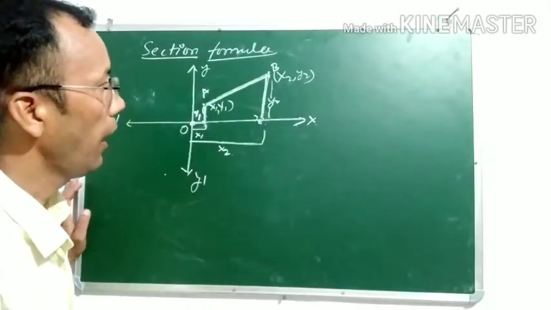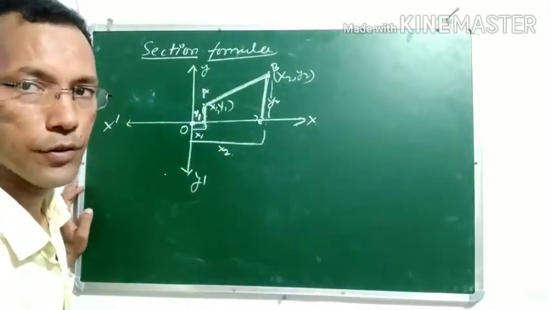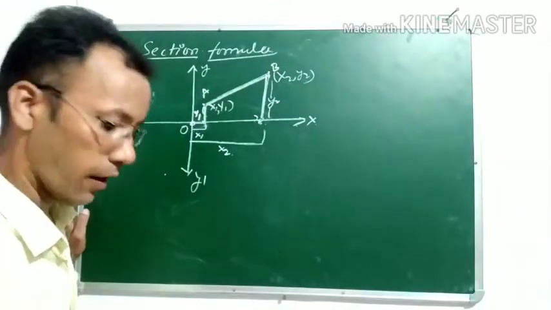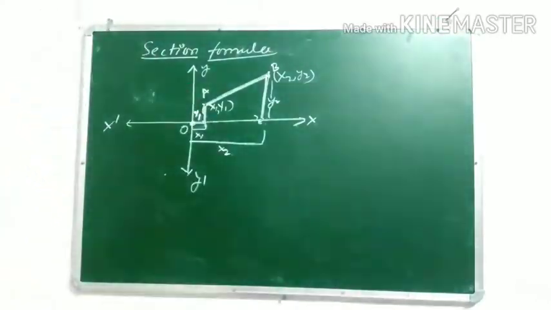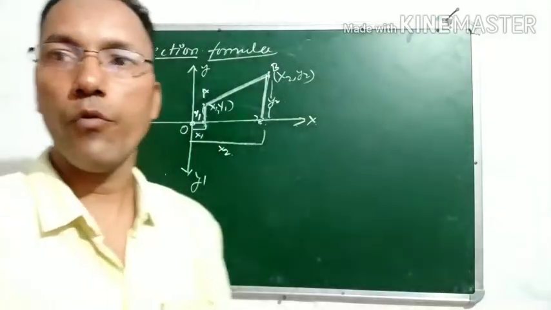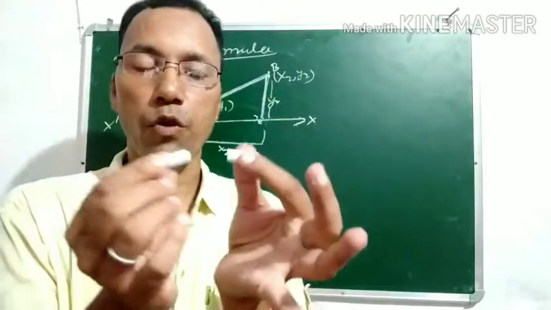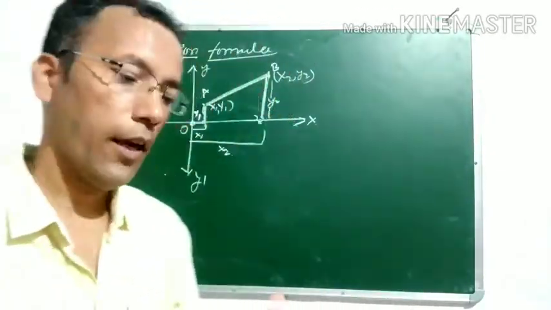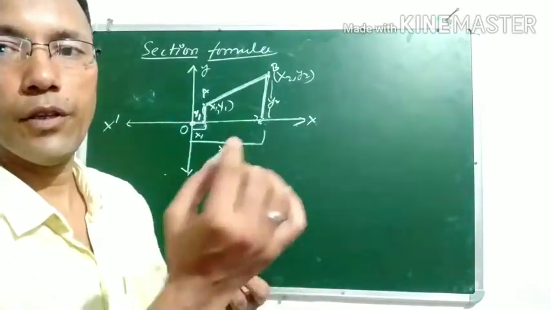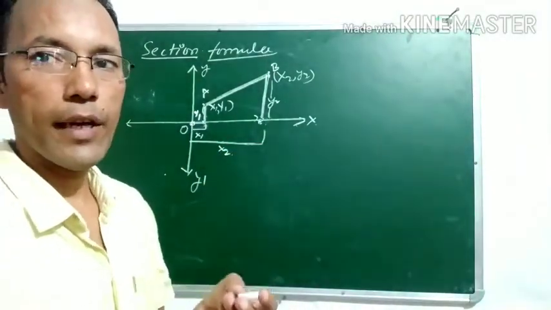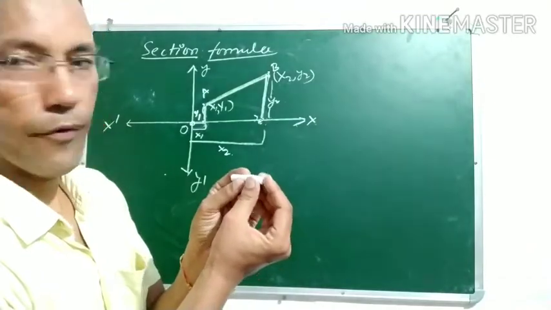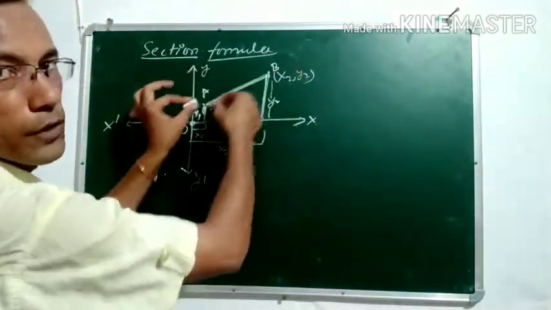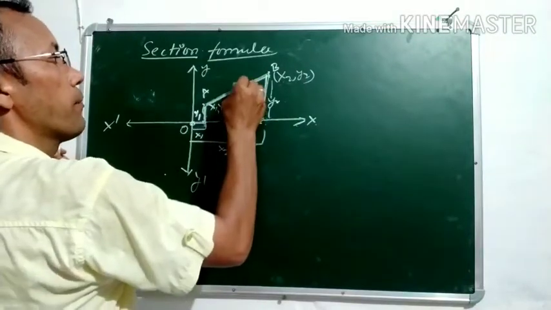Now, if there is a point between A and B, anywhere, let's take an example. We have a chalk, and now I break this chalk, and if we know the length of this part and this part, we can get the point from where the chalk has been broken.